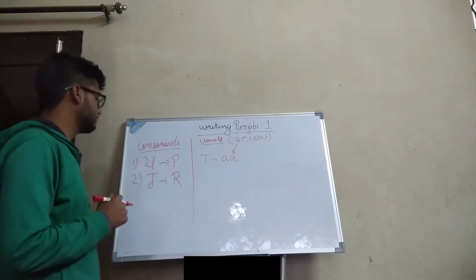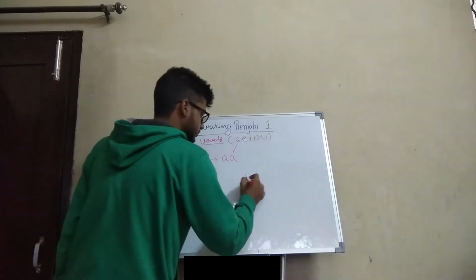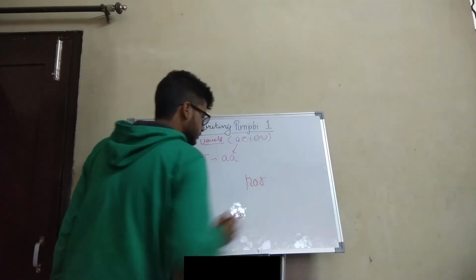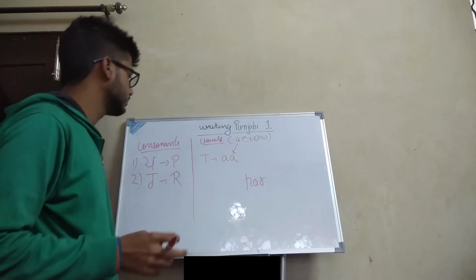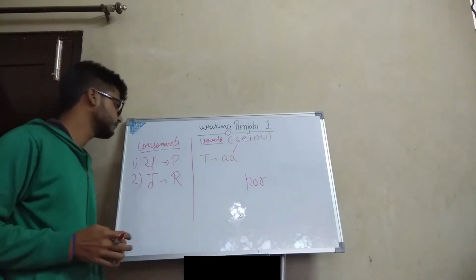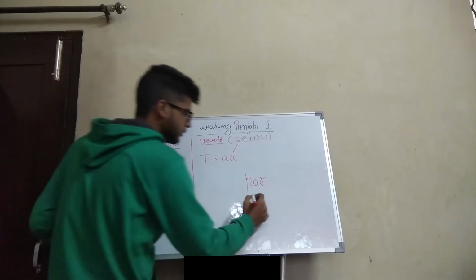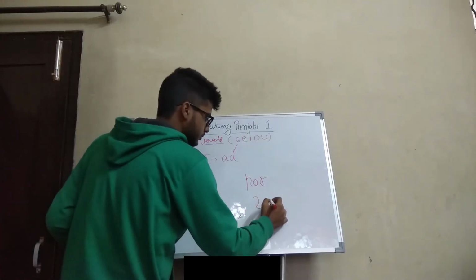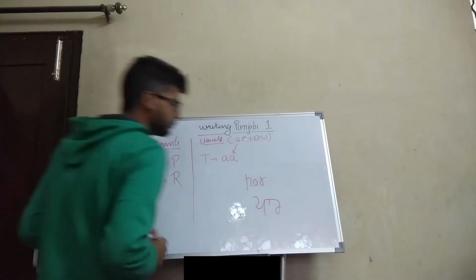Say we want to write par. So we have P, we have A, and we have R. Par. This is par.